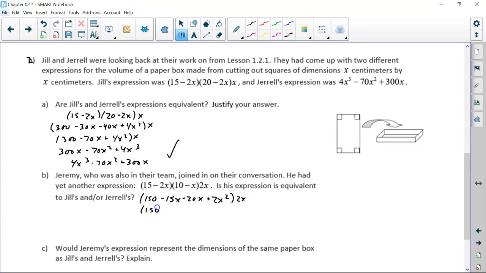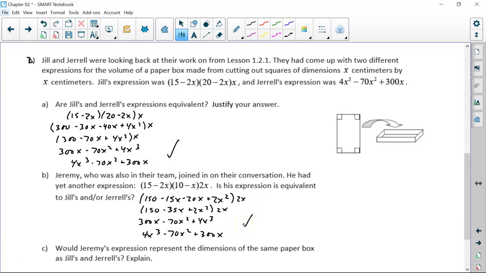So you get 150 minus 35x plus 2x squared. Distribute the 2x, so it gives us 300x minus 70x squared plus 4x cubed. And in standard form, we get 4x cubed minus 70x squared plus 300x. So that's equivalent as well.